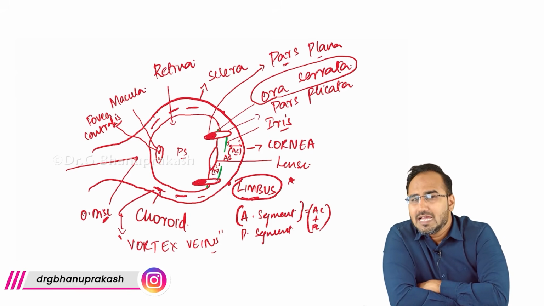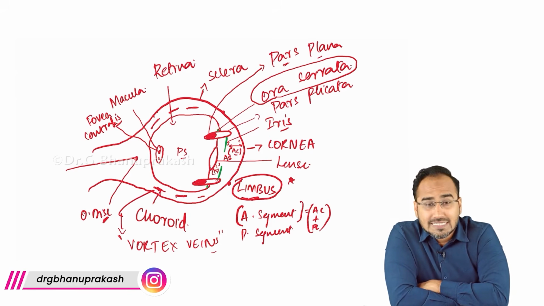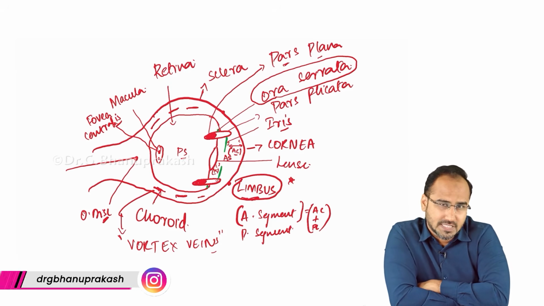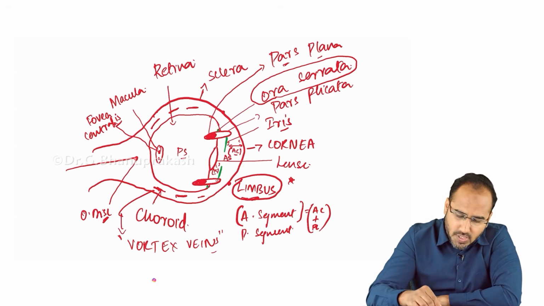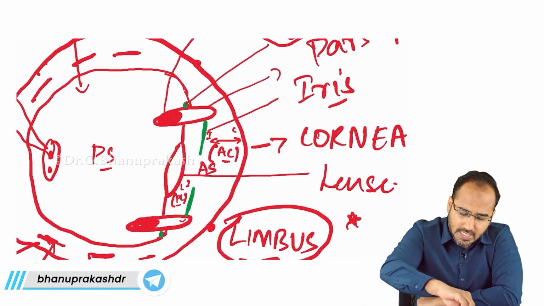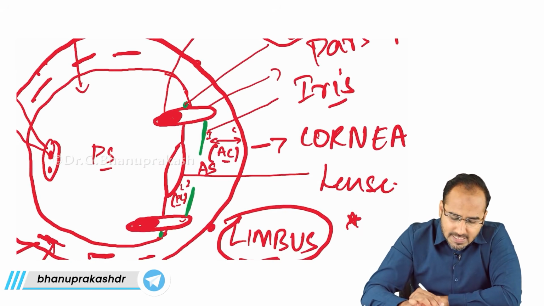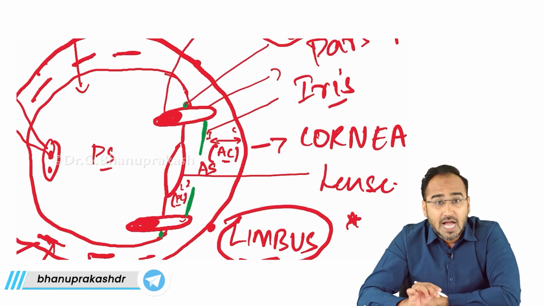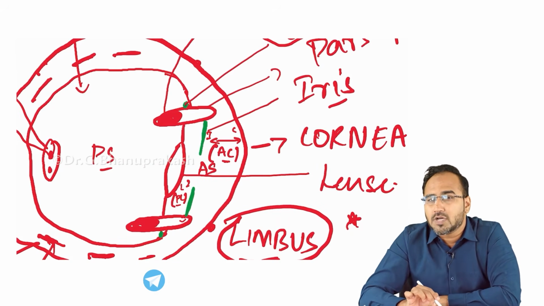Apart from that, you can see cornea is curved as well as straight in some parts. When you look at this cornea, just look over here guys. We are talking about this layer called as cornea. Cornea is a bit curved and a bit straight in some parts. How will you know the curvature of the cornea?